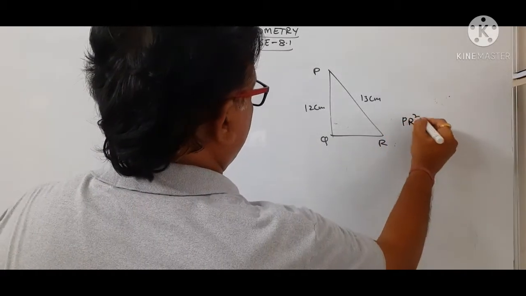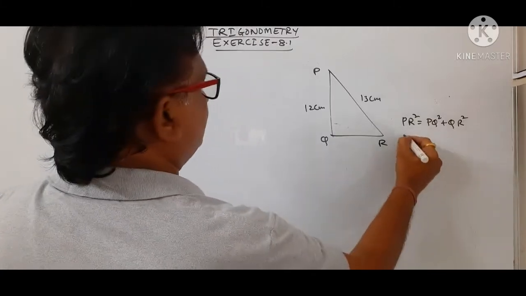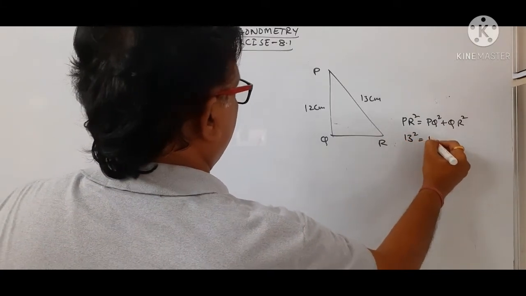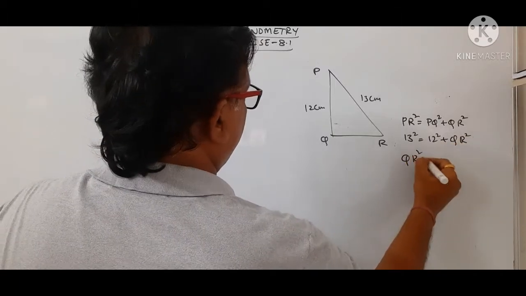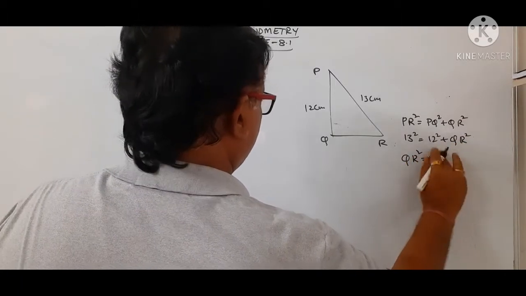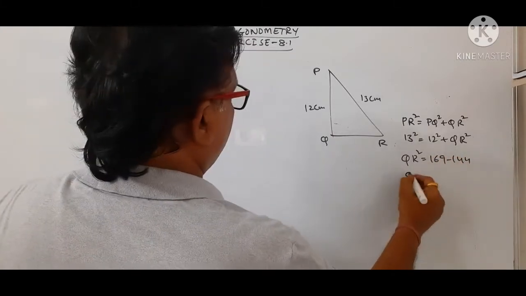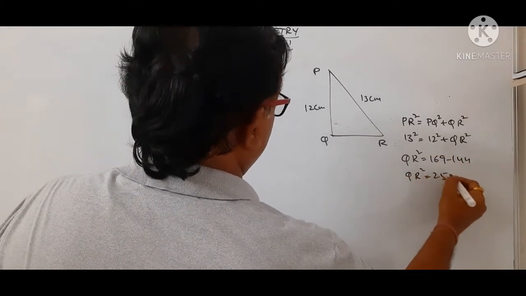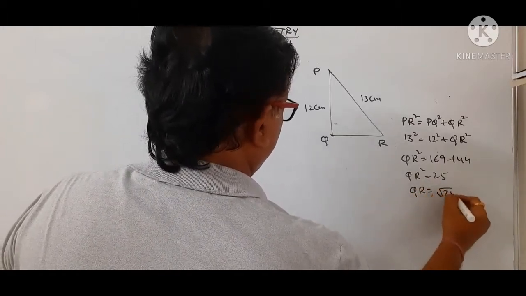Otherwise, PR square equals PQ square plus QR square. So 13 square equals 12 square plus QR square. So QR square equals 13 square minus 12 square, 169 minus 144. QR square equals 25, so QR equals root 25.